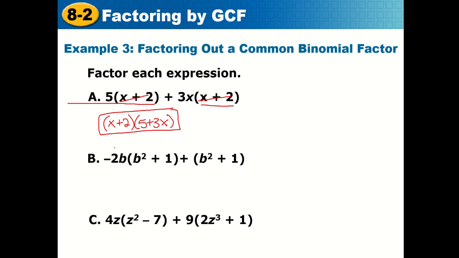One thing to note with these is that this is the reverse of what we did in chapter 7. We had 5 plus 3x times x plus 2. And remember how we split it up and did 5 times x plus 2 plus 3x times x plus 2?